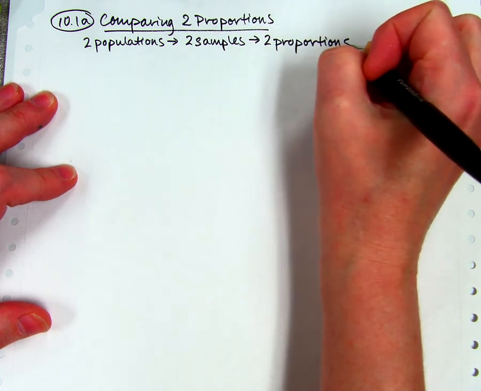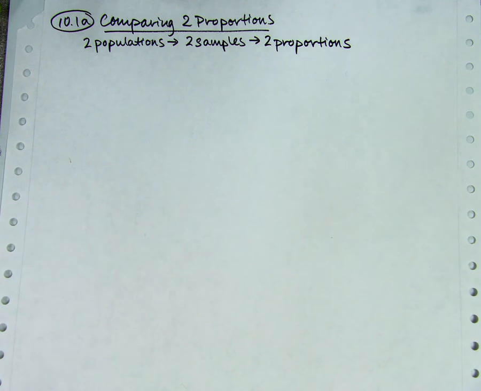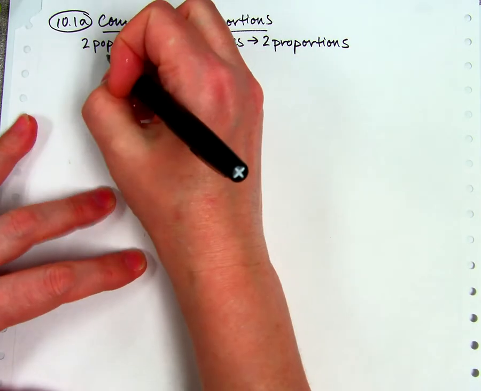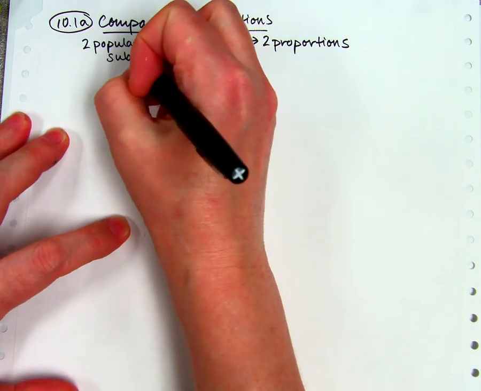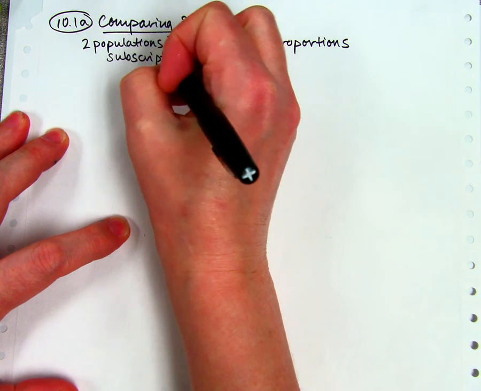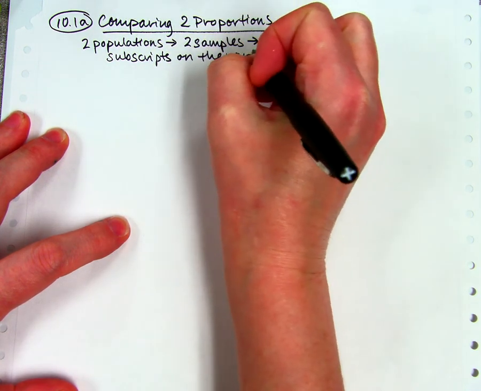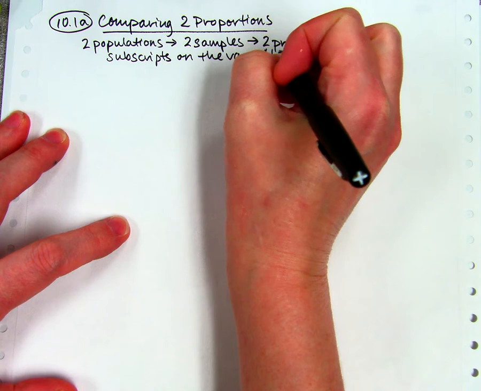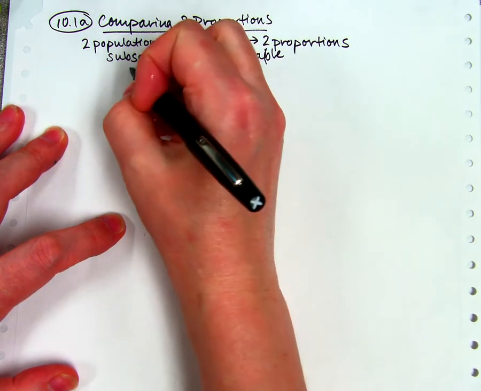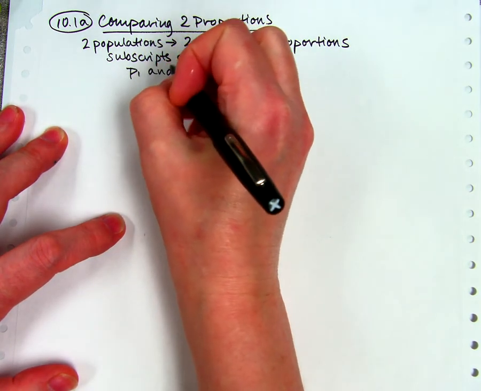It's kind of crazy. So the first thing we have to do is, now that we have 2 of everything, we have to get used to putting subscripts on our variables. So instead of P, we're going to call it P1 and P2.